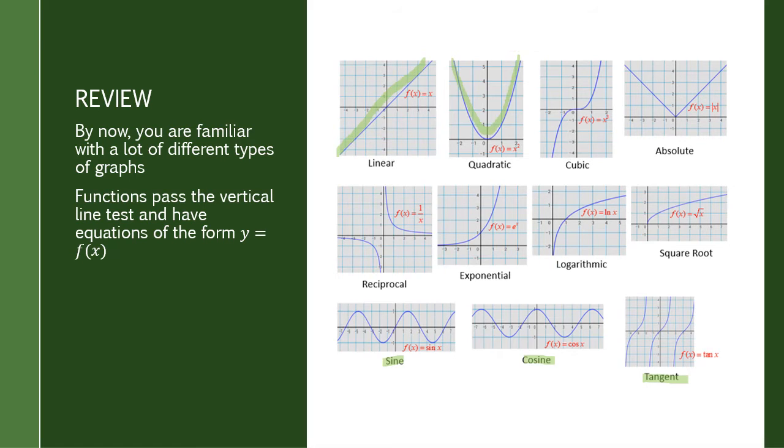But for all of these, they have some sort of recognizable pattern that allows you to identify it as being a cubic function or a square root function. You can tell that these are not just random scribbles that somebody drew on a page. They have patterns and they have recognizable and predictable values. So these are all functions that can be written as the form y equals f of x, like I said.